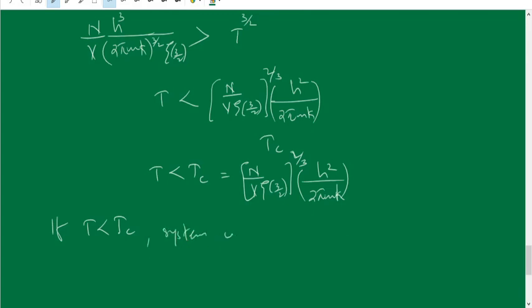Which two phases? One phase is the normal phase.